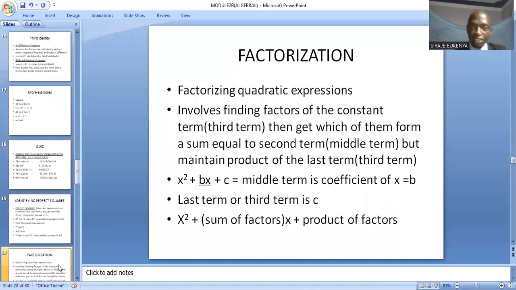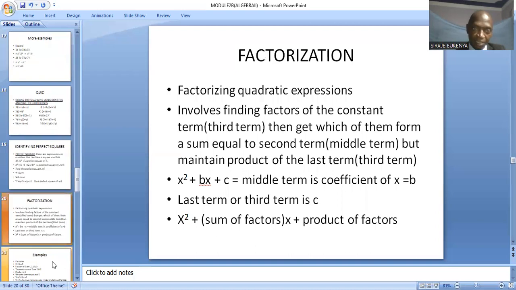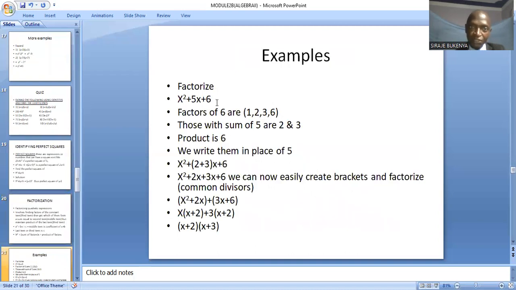Then factorization. Factorization of quadratic expressions involves getting factors of the constant, that is the third term. So if you have x square plus bx plus c, that means the middle term is going to be a sum, and the last term is going to be a product. If you look at these examples, factorize x squared plus 5x plus 6.